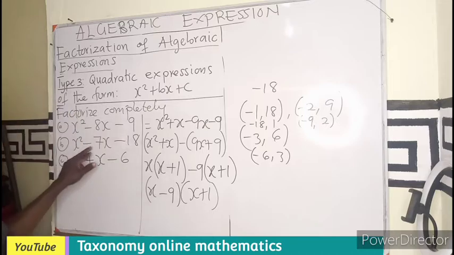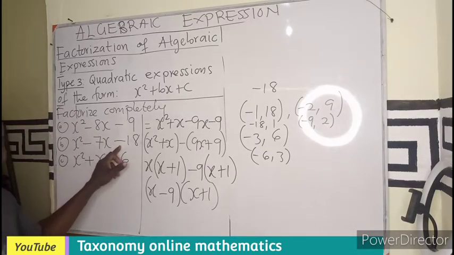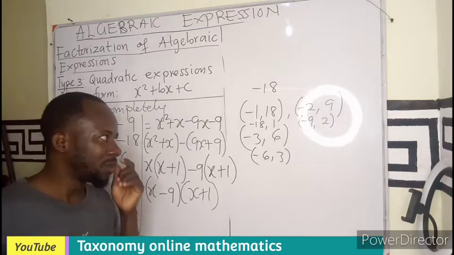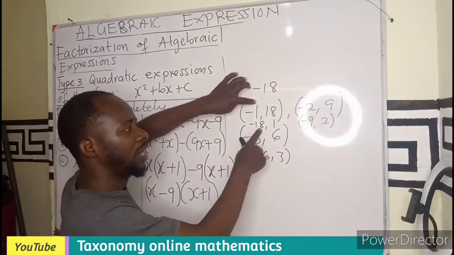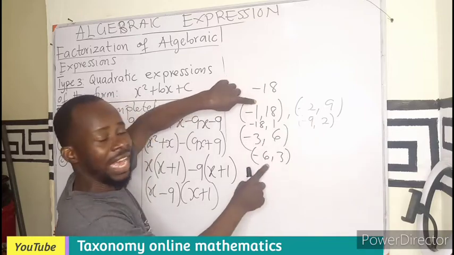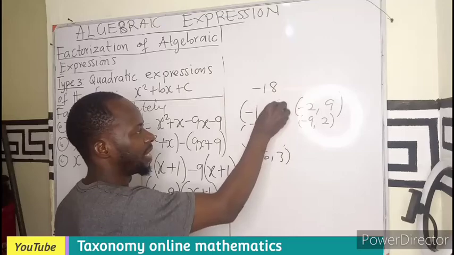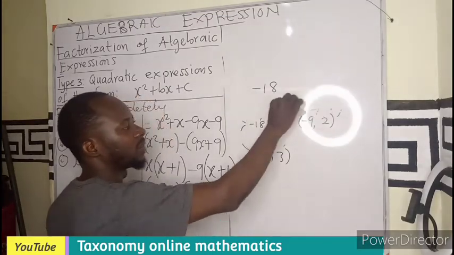And we explained earlier on that if both second and third terms are negative, then it means the factor that will be negative will be the biggest one. So in this case, I'll ignore this and think of this. Ignore this, think of this. Ignore this and think of this. What I mean is that this cannot give me my coefficient of x.